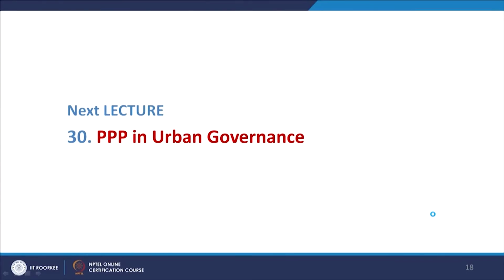In the next lecture we will discuss another very important public financing possibility, that is public private partnership in urban governance. Today we discussed the value capture financing mechanism. Today we told you that apart from the conventional and alternate sources of revenue, there could be value capture financing in various public projects and private projects.